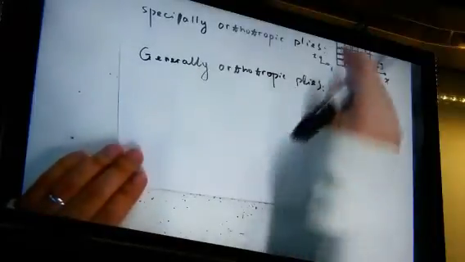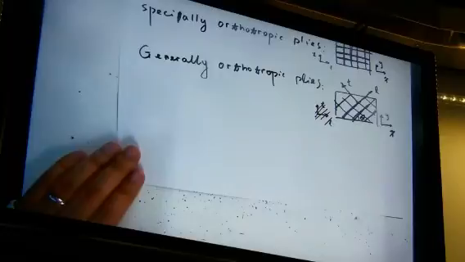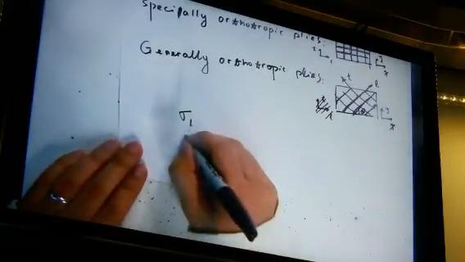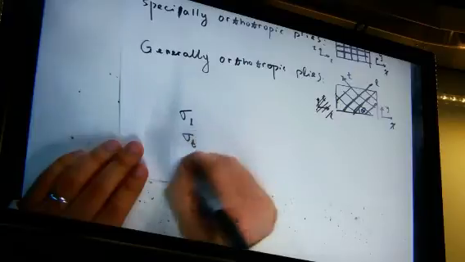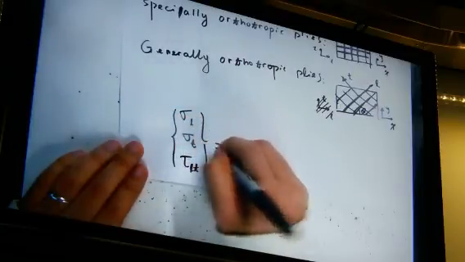And we derive something for specially isotropic plies first, and then we do the stress transformation. So the basic equation for specially isotropic plies is this one.